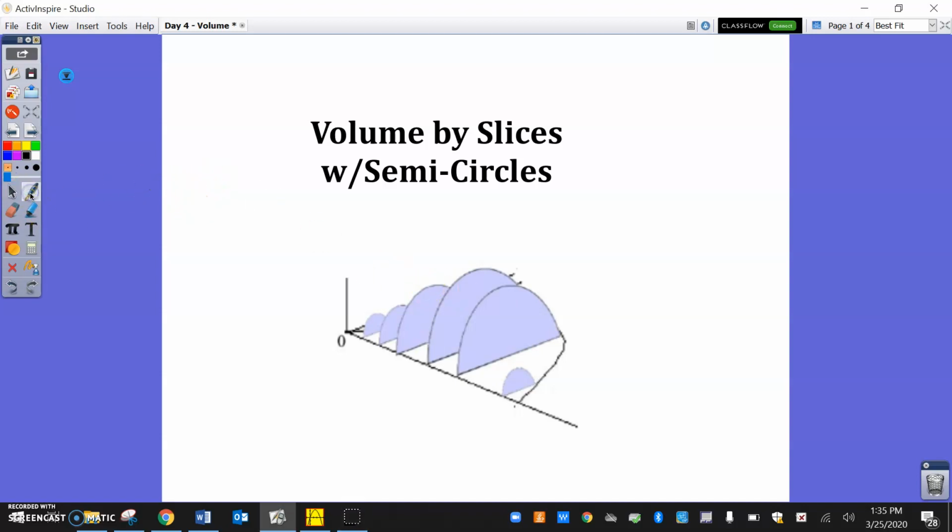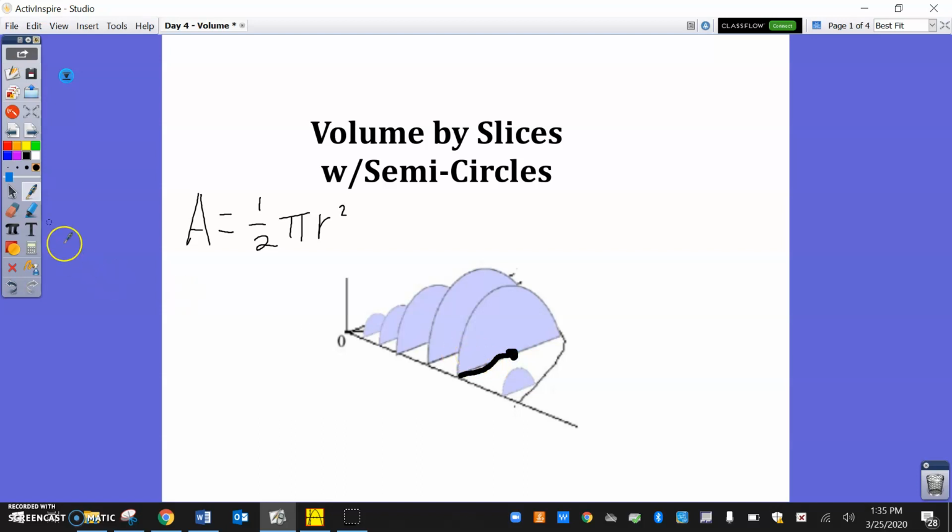So with semicircles, what's going to go in our integral is the area of a semicircle. And remember, the area of a semicircle is just half a circle. So we're just going to do half the area of the circle, which is pi r squared. If I look at this picture here, the radius is just measured from the center of the circle to the edge, so from here to here.